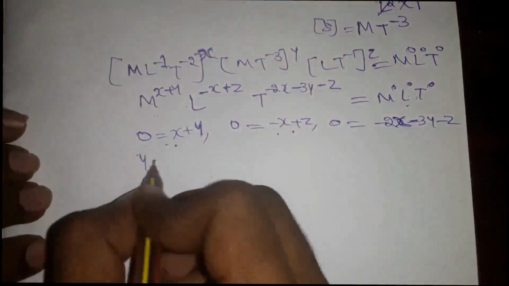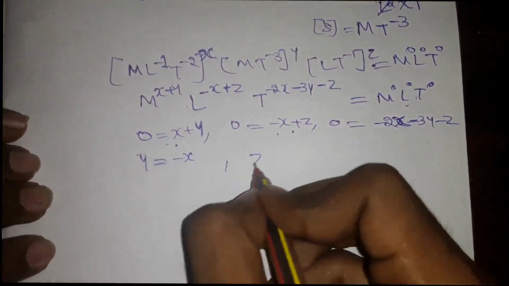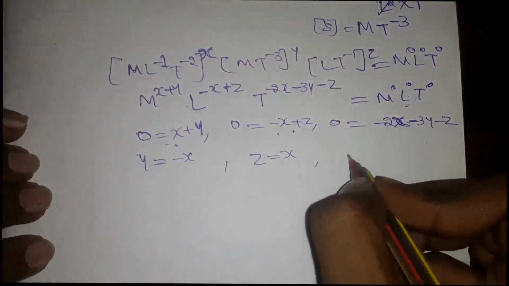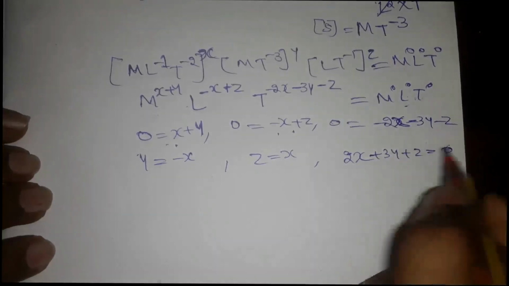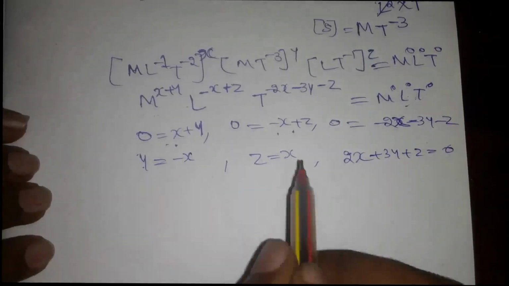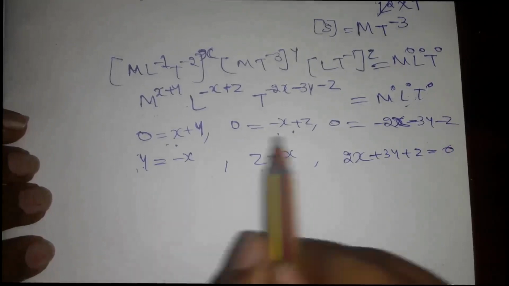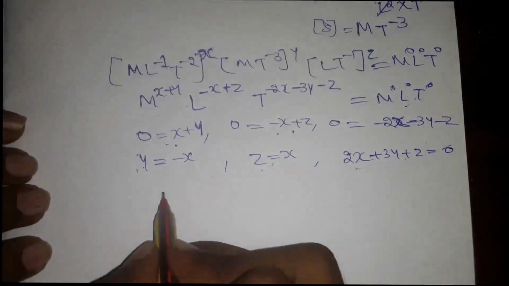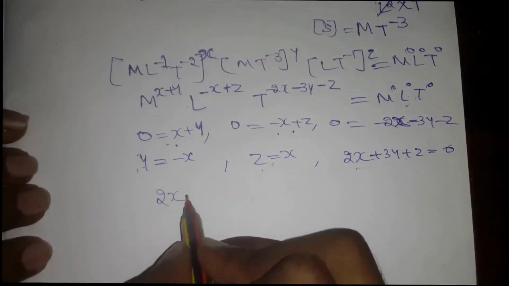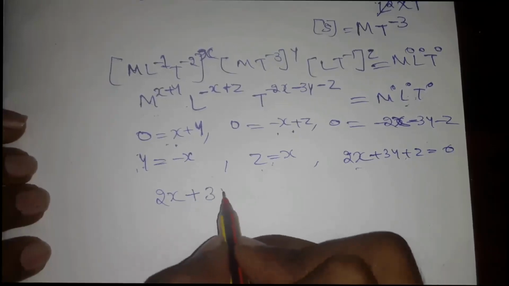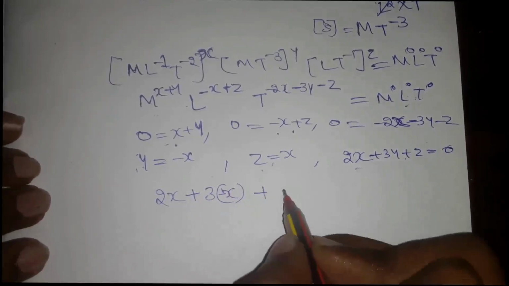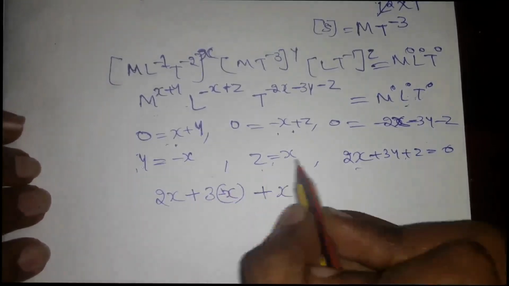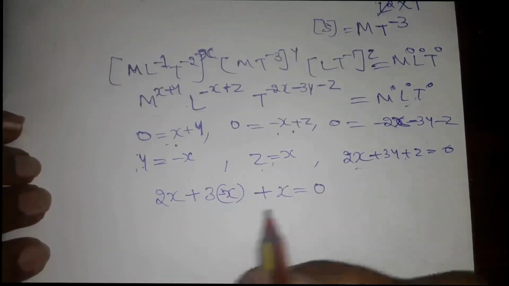So y is equal to minus x and z is equal to x, and 2x plus 3y plus z is equal to 0. So substitute the values of z and y in this equation. So 2x plus 3 of minus x, and in place of z we put x, is equal to 0.